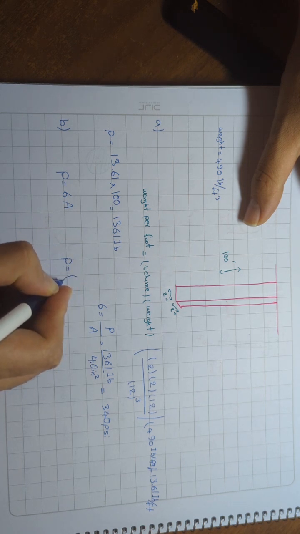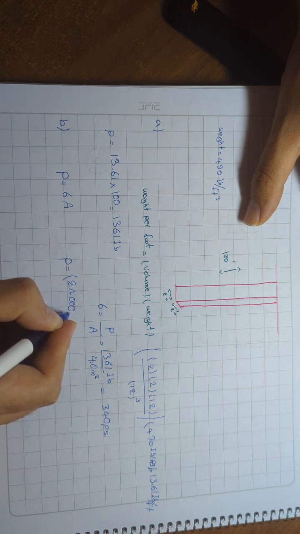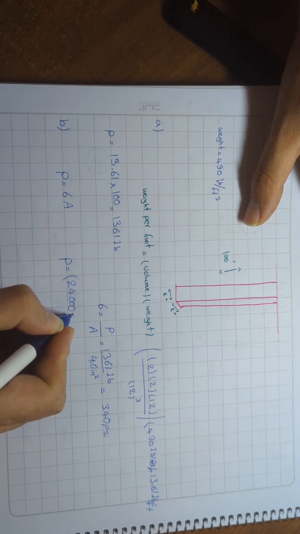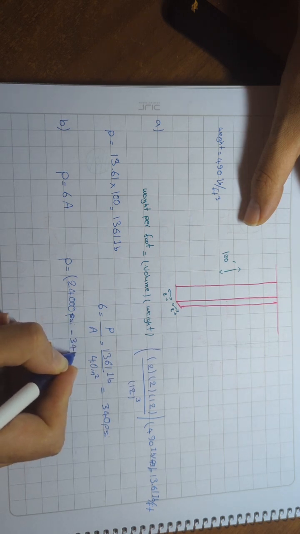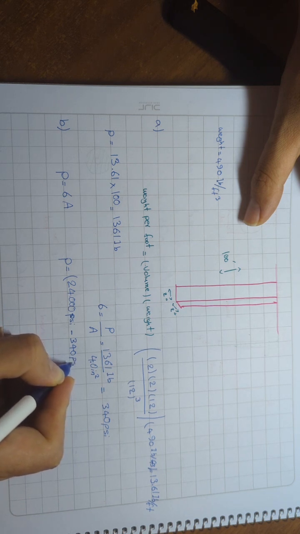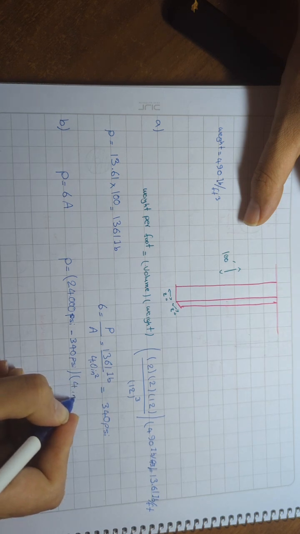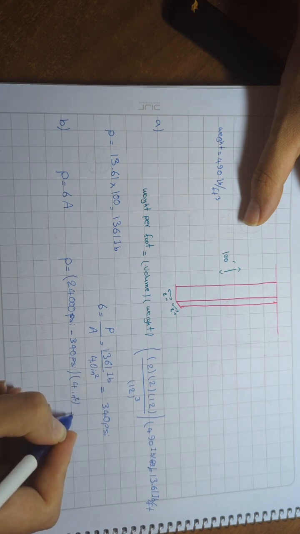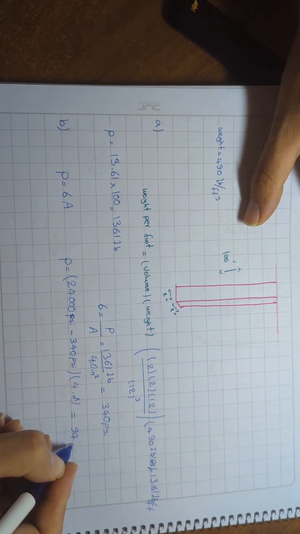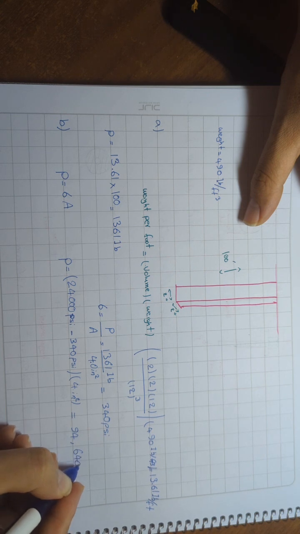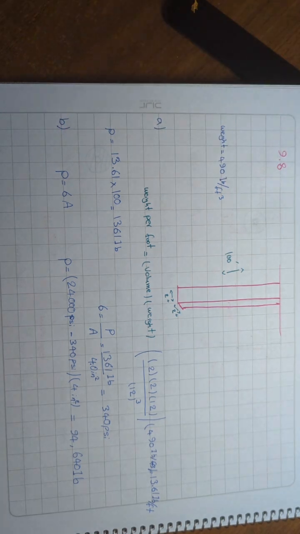What do I mean by that is P equals 24,000 minus 340 psi times A, which is 4. The answer is 94,640 pounds. So just one more time.